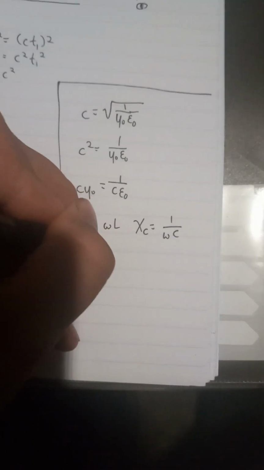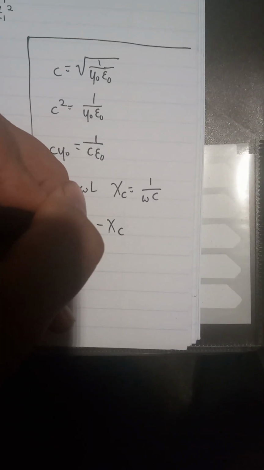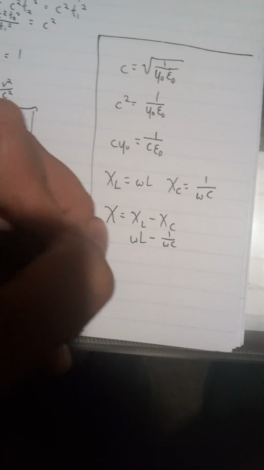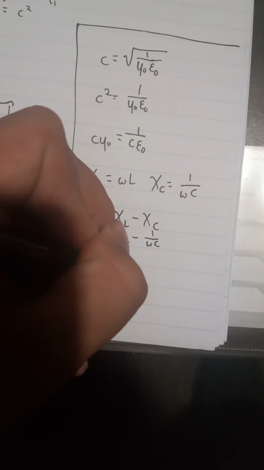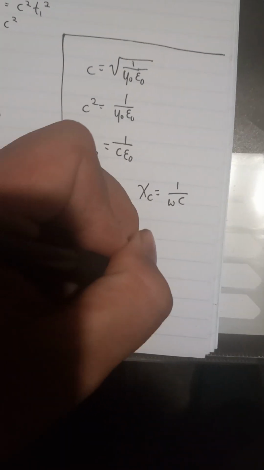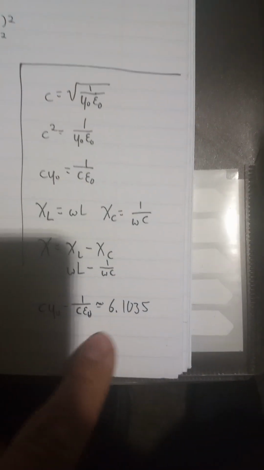But as well, if you're talking about the impedance of a circuit, what they call the complete reactance is actually the X of inductance minus the X of capacitance, which is, of course, your angular frequency times L minus 1 over your angular frequency times C. And if we were to apply this exact same thing to this up here, and we said, well, c mu sub naught minus 1 over c epsilon sub naught, if you work out what this actually is, it comes out to something like around 6.1035 or something like that.